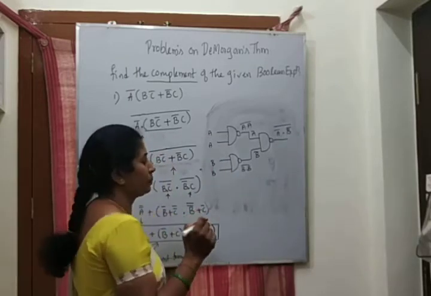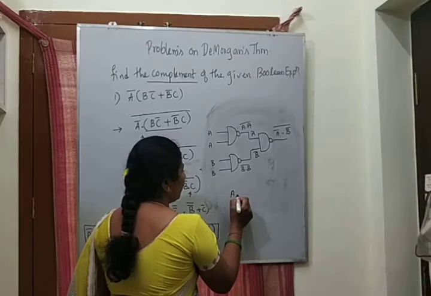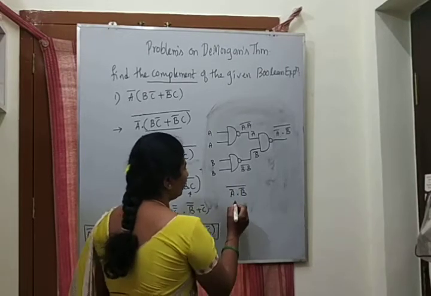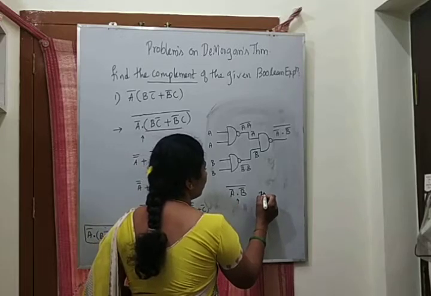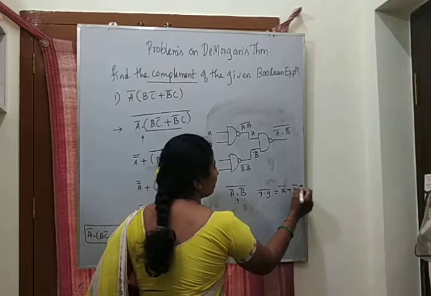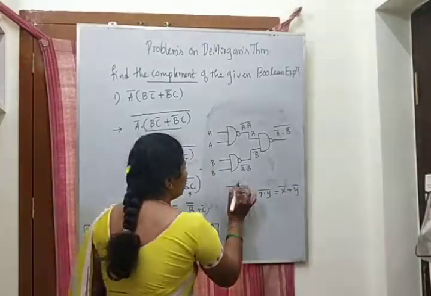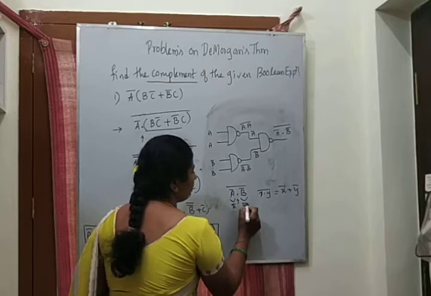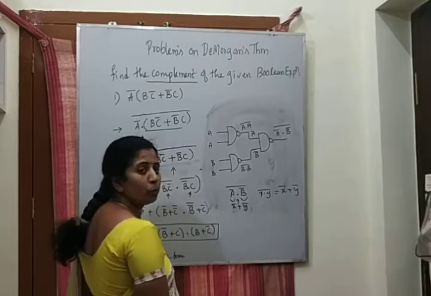This is the given expression. That means A into B whole complement. Here, this is in the form of x into y complement, which can be written as x complement plus y complement. This gets split. This is x complement, this is y complement. That has to be changed to plus.